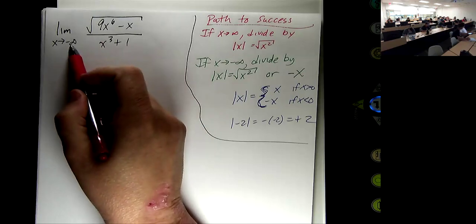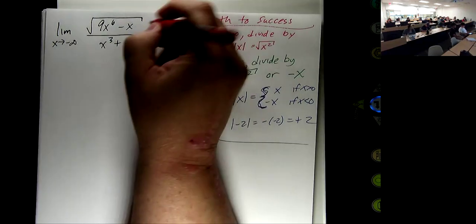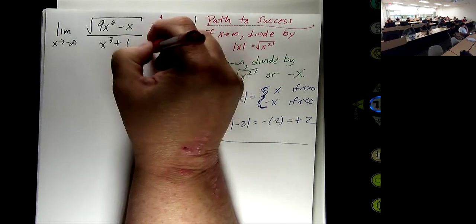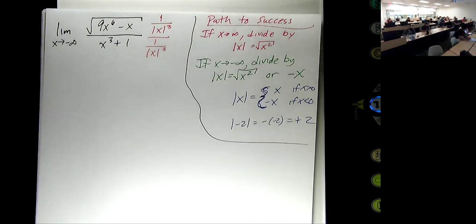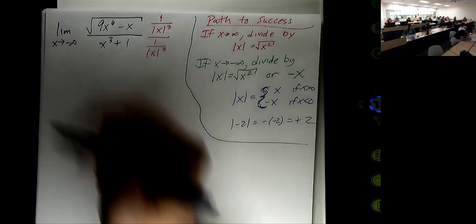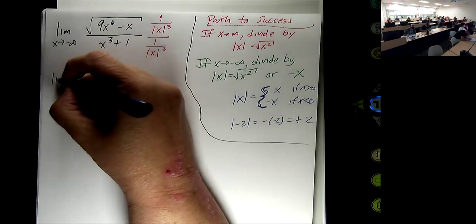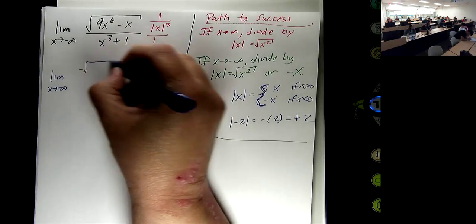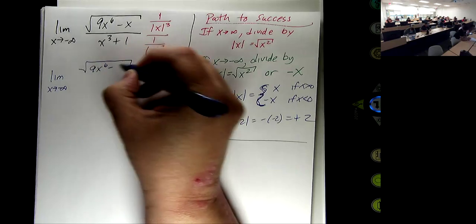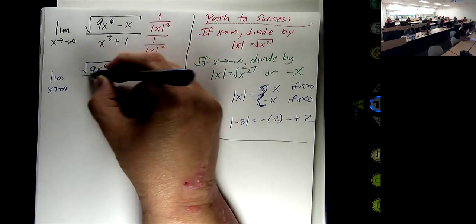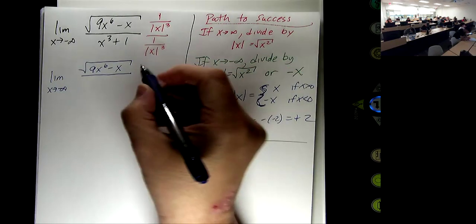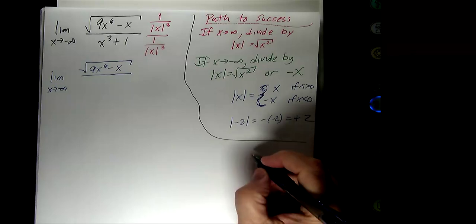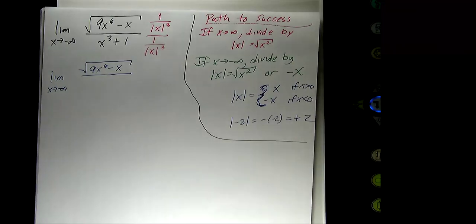We're going to negative infinity, so I'm gonna multiply top and bottom by 1 over the absolute value of x cubed. And I'm gonna use them separately in 2 different ways. On the top, I'm gonna use that as the radical. Is that a negative infinity, or is that just infinity?